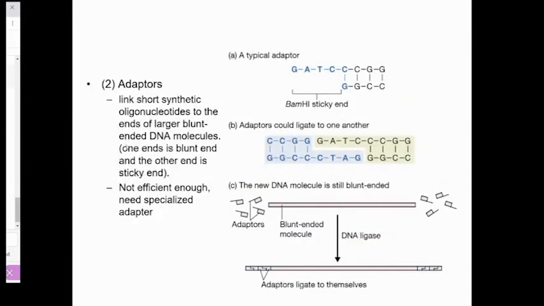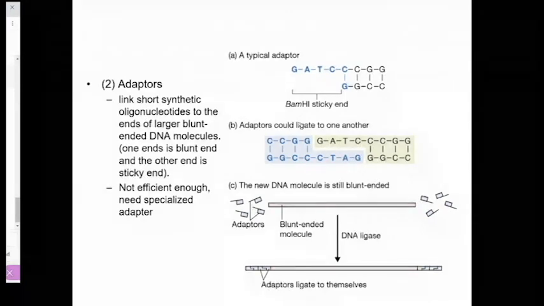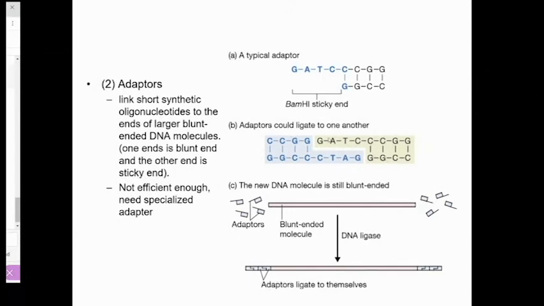And the second method will be adding the adapter. The adapter will be a shorter synthetic oligonucleotide, and that oligonucleotide has a sticky end for a particular enzyme. In this case, they show you the BamHI sticky end. They could ligate to each other, and then you mix this adapter with the DNA molecule, the blunted end DNA molecule.